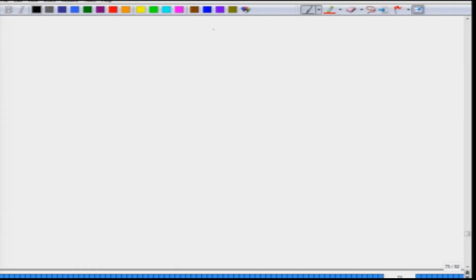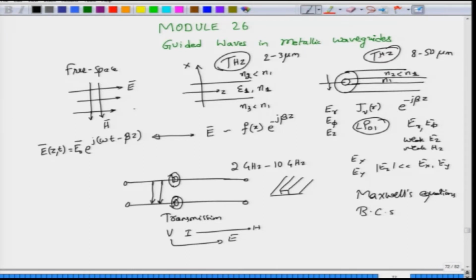Before I go to that, let me also tell you that the confinement mechanism in these integrated optical waveguides as well as the optical fibers was what we called total internal reflection. Okay. Whereas the guided waves in these transmission line structures are called TEM waves, and sometimes these lines are called TEM lines.